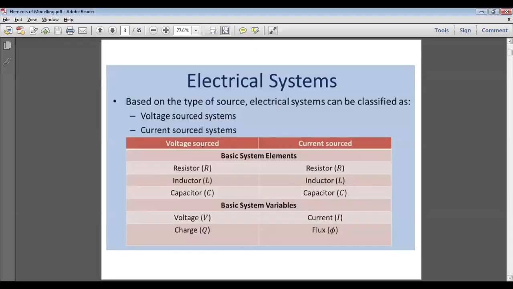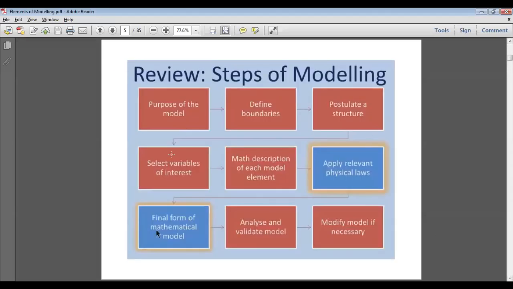If you see this slide, when we talk about modeling, do you remember these steps, ma? Can you see this slide? Yes, sir.